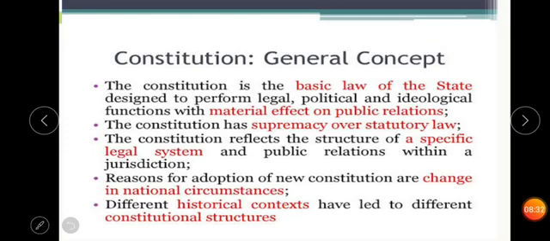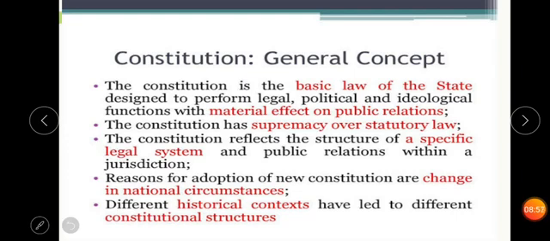If laws are there, then why is there a need for a constitution? The constitution is the basic law of the state, designed to perform legal, political, ideological functions with material effect on public relations. It has supremacy over statutory laws.